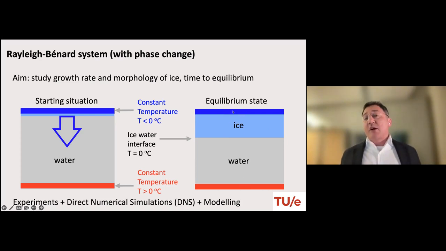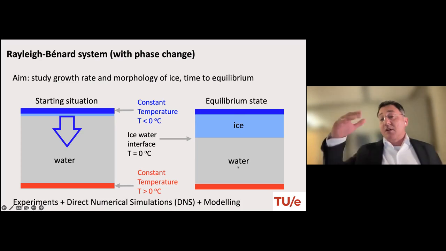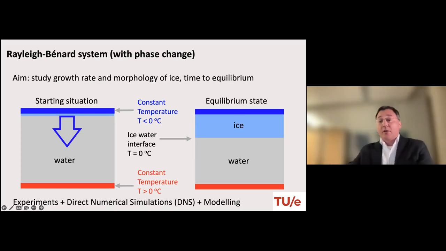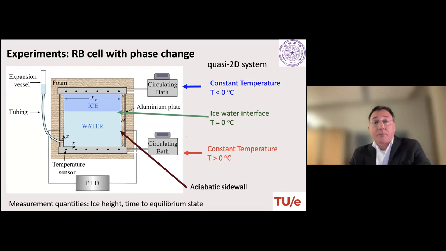So you'll see that as a function of time, ice will grow in a diffusive way up to a point where you reach some equilibrium, and the heat flux inside the ice and the heat flux in the water are exactly identical. At that moment, you reach this asymptotic equilibrium, and the dynamics will basically stop. That's at least what happens for a situation with pure conduction, so no convection.